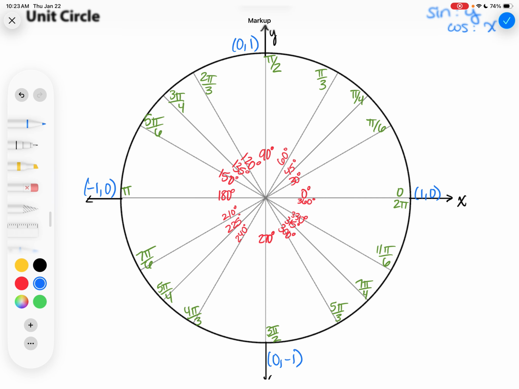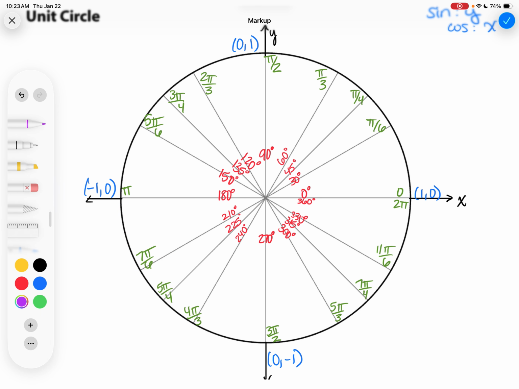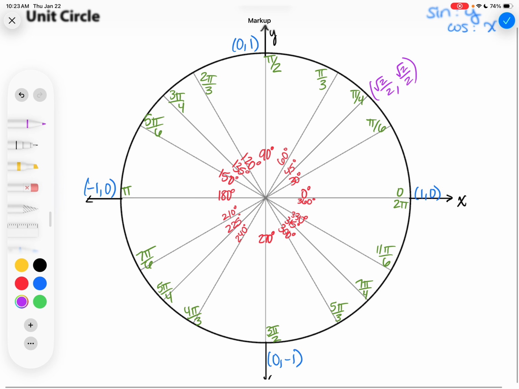All right, swap colors again. The next ones I'm going to do are the pi over 4s because these are the easiest ones. Both the x and the y value is root 2 over 2. So we write that right there.